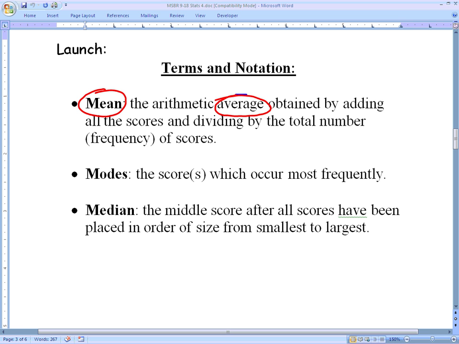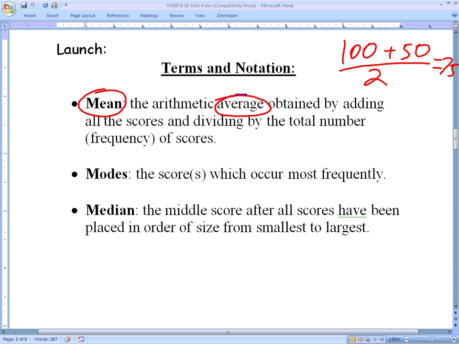You add all the scores up and divide by how many scores you had. So if you've got a test of 100 and a test of 50, you add those two tests up, and you had 2 tests, so you divide by that. So you get 150 in the numerator divided by 2, which equals 75. That's an example of mean.